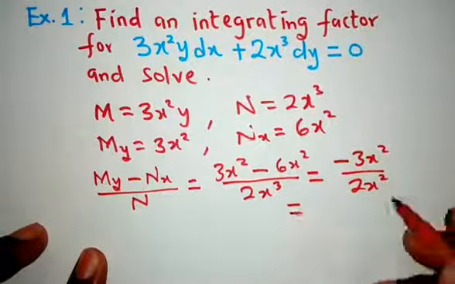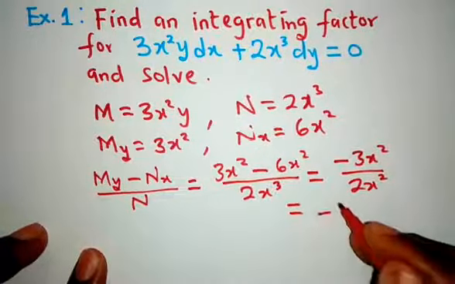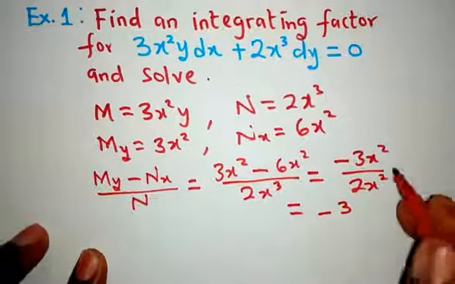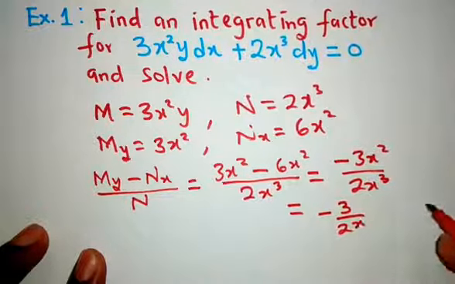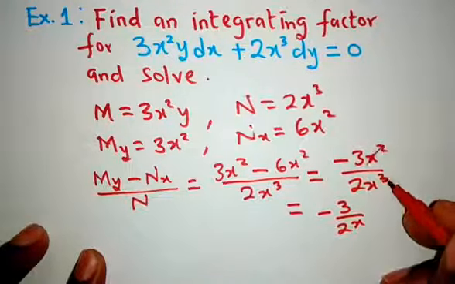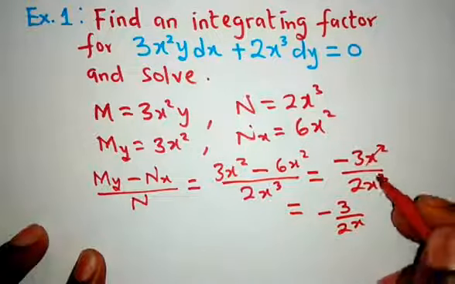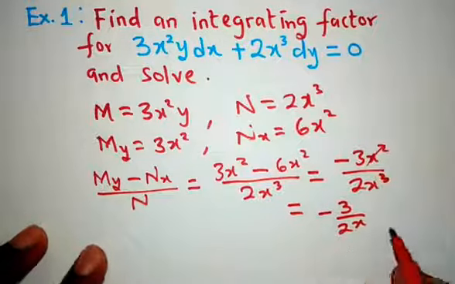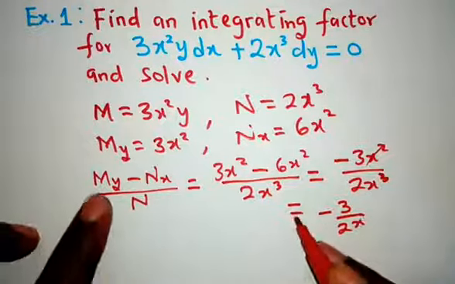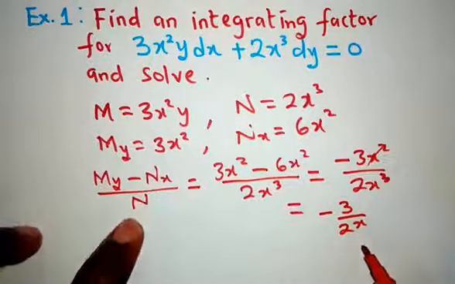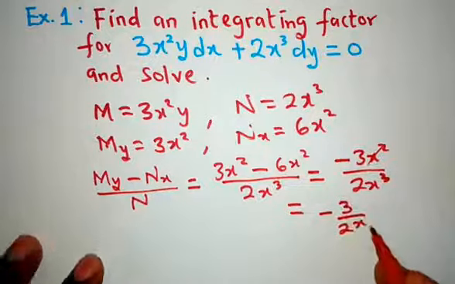And this gives us minus 3 over 2x. The x squared cancels, so we have just one x left. So this is a function of x alone. M sub y minus N sub x over N gives a function of x alone.